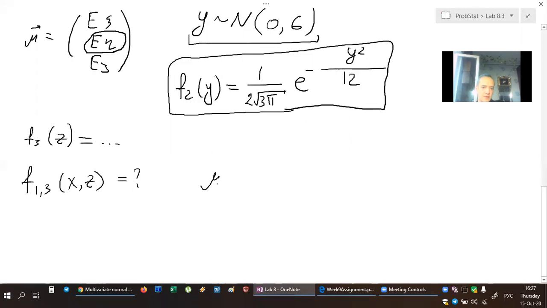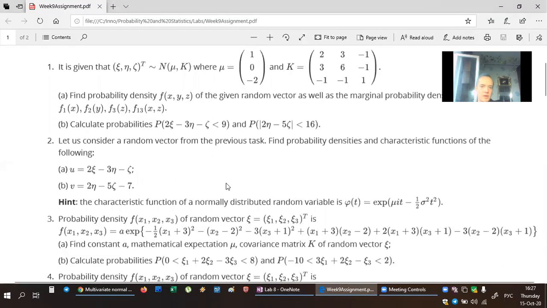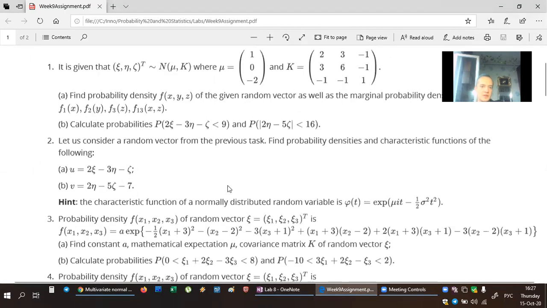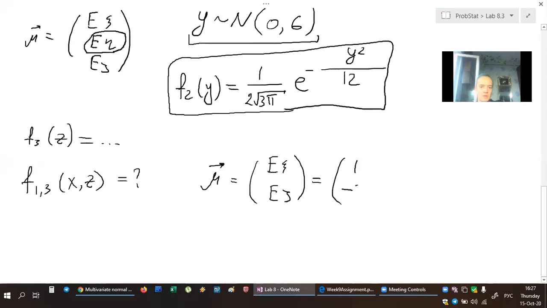And in this case, vector mu will be equal to the expected value of xi and expected value of zeta. And if we take a look at the condition, we see that expected value of xi is equal to 1, expected value of zeta is equal to -2. So it will be (1, -2).